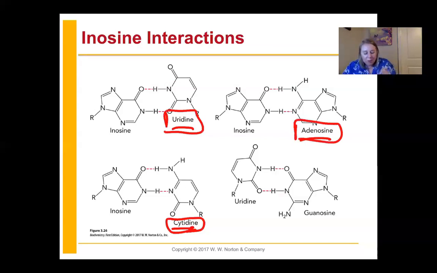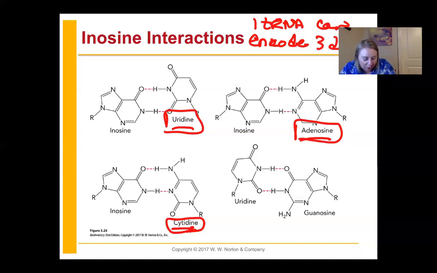And so what this means is that one tRNA can encode 3 different codons, right? So we get the same amino acids from 3 different codons.